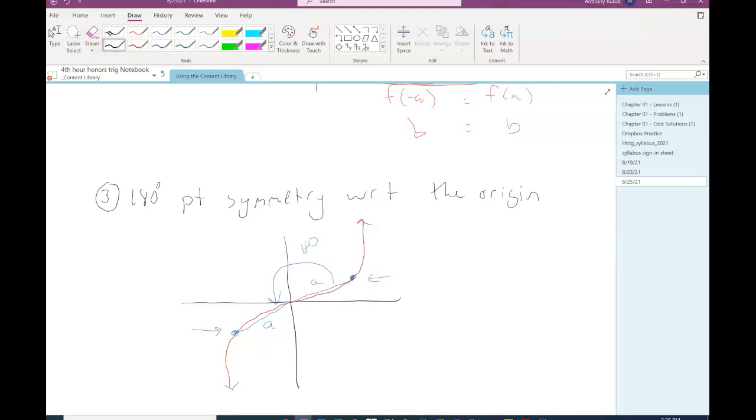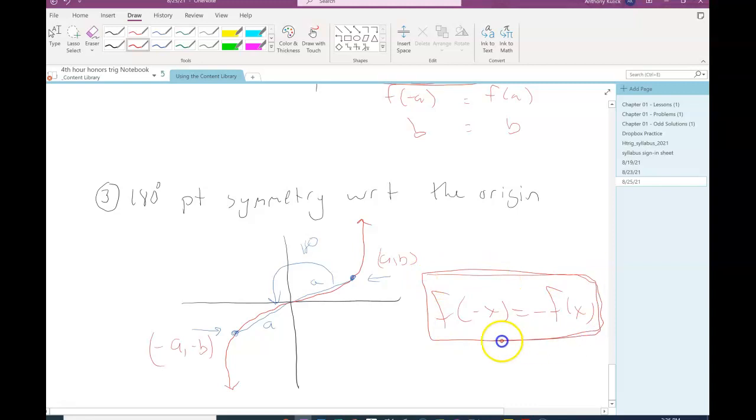The big takeaway here is that f of negative x should equal negative f of x. So if this is the point (a, b), this should be the point (negative a, negative b). But again, this is the piece that we need.